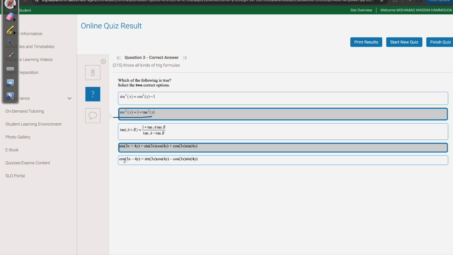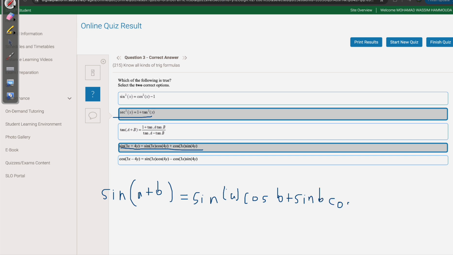And for the other rule, sine (a plus b) is equal to sine a cosine b plus sine b cosine a. And that's why we picked this one and this one as well.